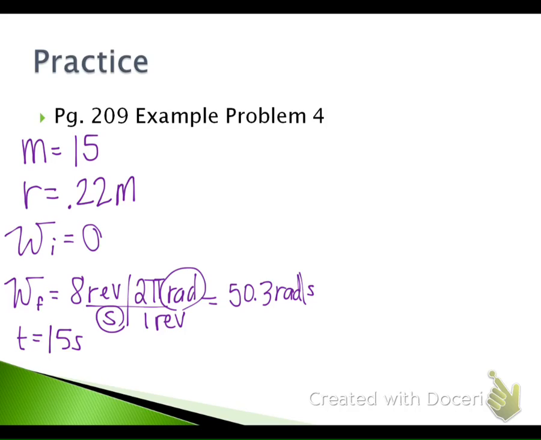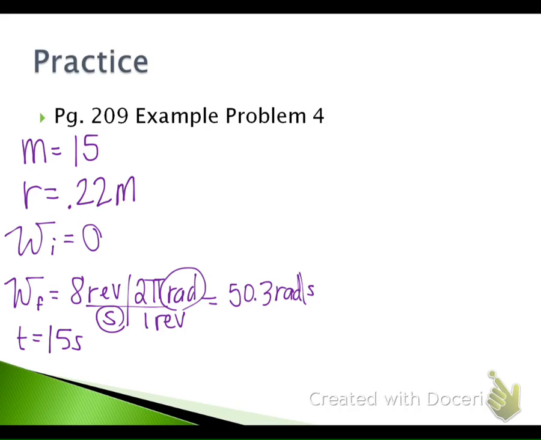Okay, so let's start solving here. Our overall question right now says, what torque must be applied to the wheel? So we're going to solve first for torque. Can we do any of our equations here without an angular acceleration, without an alpha? No, we can't. We don't have torque either.